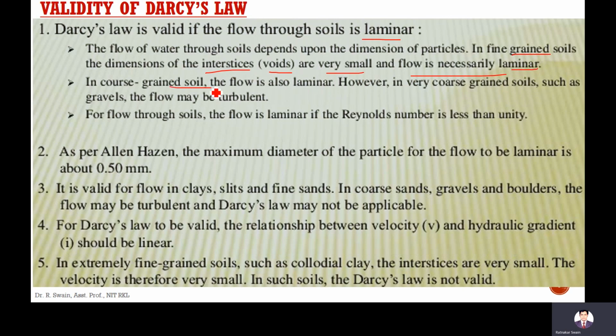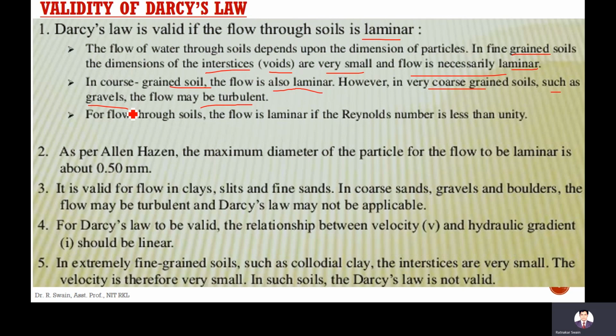In some coarse-grained soils, the flow is also laminar. However, if the particle size increases and the particles are very coarse, like gravels or boulders, the flow becomes turbulent. So when the particle size is less, the flow is laminar.